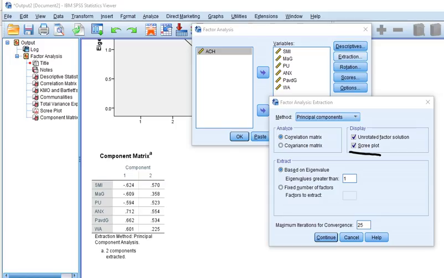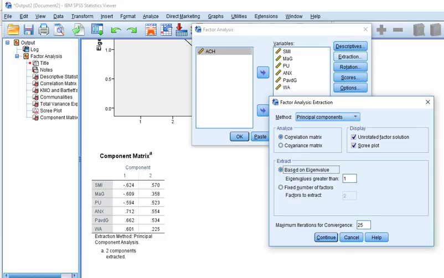In that case, I can click down here and force a 3-component solution, and then perform the rotation based on the 3 components as opposed to 2. In our case, though, we had 2 components. So we could have forced it, in which case we'll still get the same output as above, or we could just stick with this one and still get the 2 components. So I'm just going to stick with that.